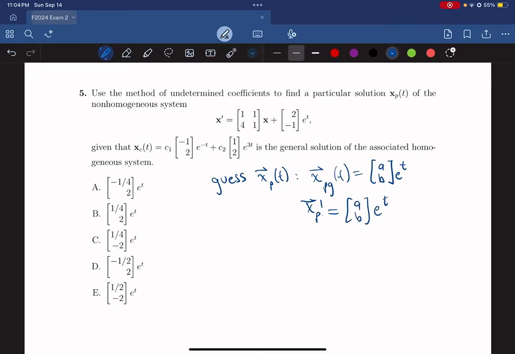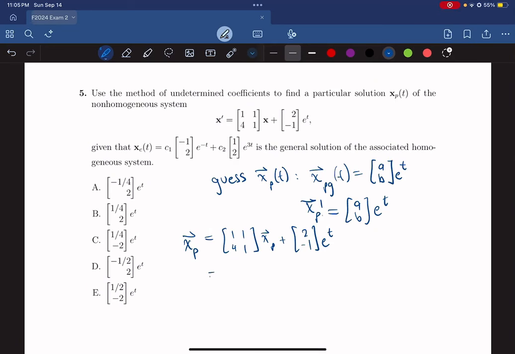And then based on that, we're basically going to plug these two things into here. So we have xp prime equals the matrix [1, 4, 1] times xp here again, plus our f of t, our non-homogeneous part.